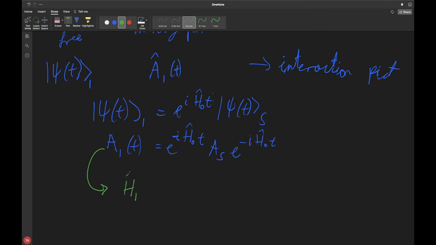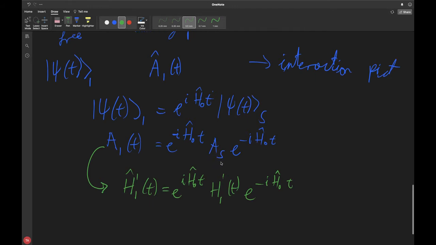So the Hamiltonian in the interaction picture, depending on the time, just applying this equation, is the same as the exponential of i H0 t, then I have the H I at the time t, this is the interaction, so there is an extra prime in here, and the exponential of minus i H0 t. So I really just plugged in H I prime in the place of the A.